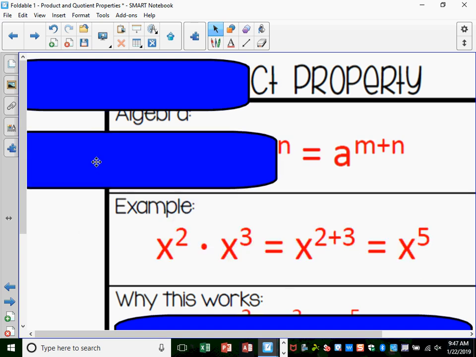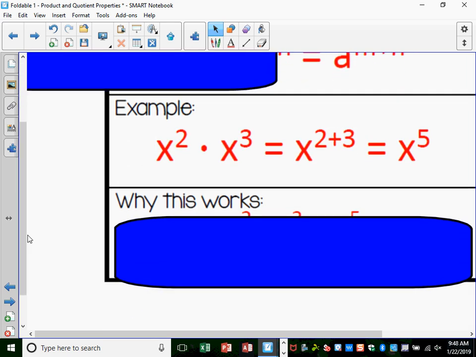An example would be same bases. I have the base X, I add 2 plus 3, that'll give me X to the 5th power. Properties are just like rules that you follow, and it's very easy. All you do is add the exponents together if they have the same base. Now I'm going to show you why this works.